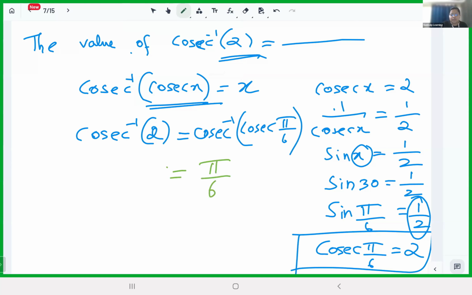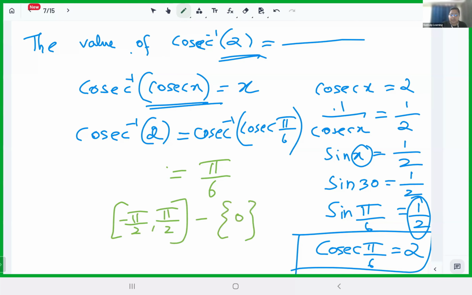And you have to check whether this belongs to the principal value branch. What is the principal value branch of cosec inverse? Cosec inverse belongs to the first group, that is sine, tan and cosec, isn't it? So like sine, it is the closed interval minus pi by 2, pi by 2, the principal value branch. But you should remove the midpoint. What is the midpoint? 0, right?